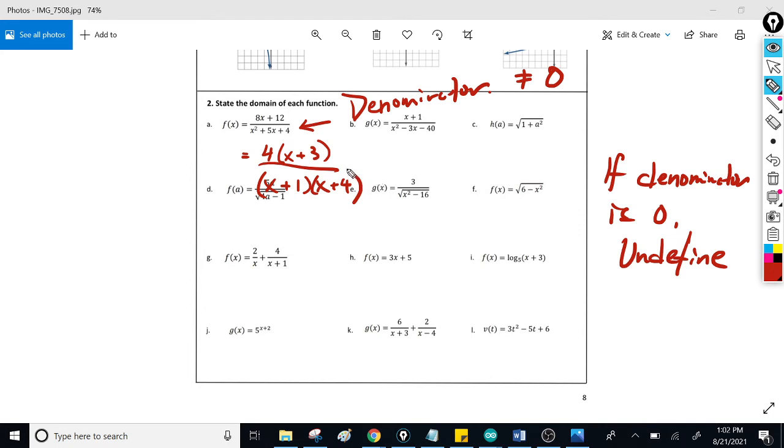So what you need to do is take the denominator, which is right here, set it equal to 0, and then solve for x.